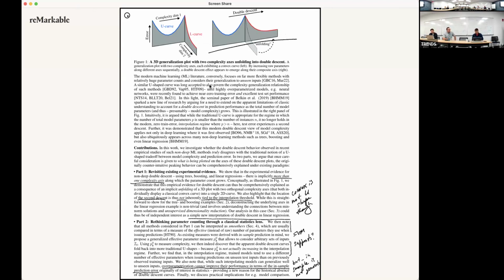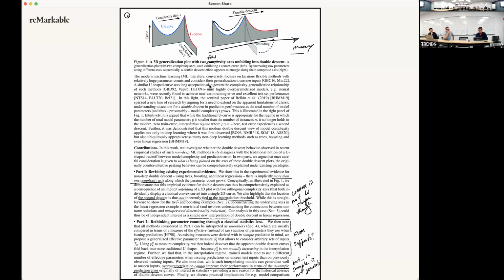Misha Belkin and co-authors showed, remember this axis is the algorithm complexity axis, or model complexity. Few parameters, many parameters. Classical U-shaped curve. It was like that.